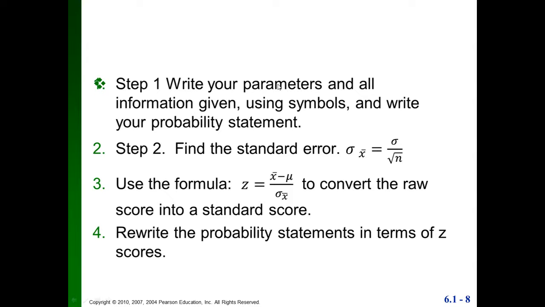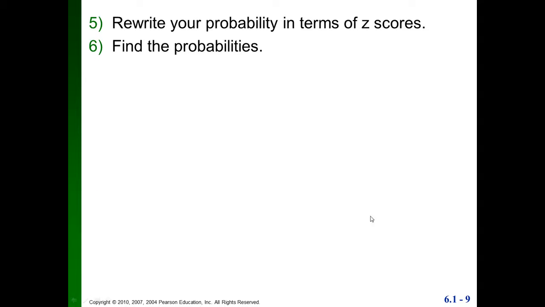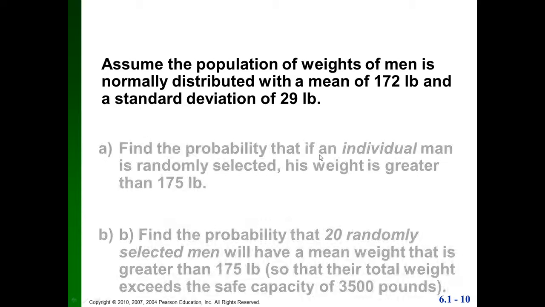Once you do that, use the formula z equals x bar, which is your sample mean, minus your population mean, divided by your standard error. We convert that into a z-score. Then rewrite the probability statement that you had in step 1 in z-terms. Then find your probabilities. Let's look at an example right here.